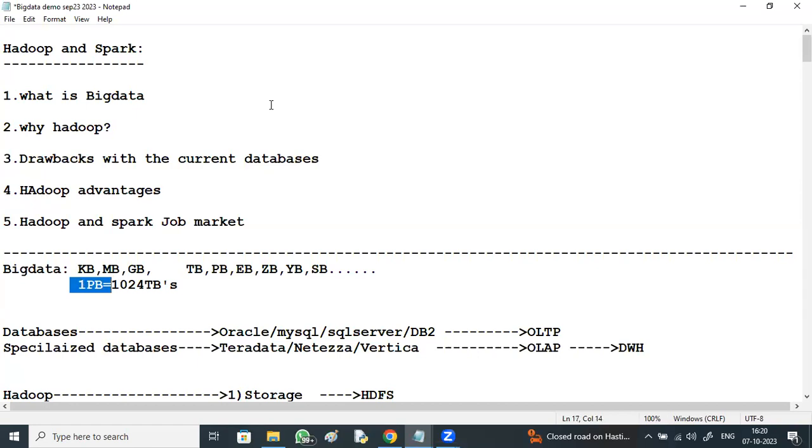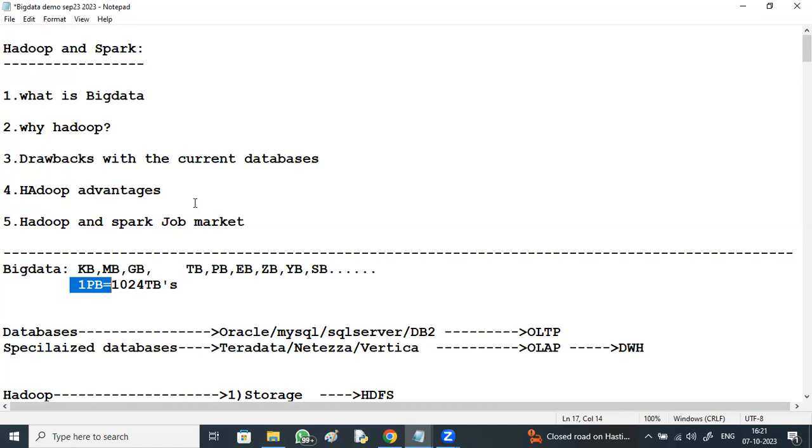This huge data is getting generated because of the usage of technology, smartphones, and the internet. Huge data is generated everywhere, in structured, unstructured, and semi-structured formats.